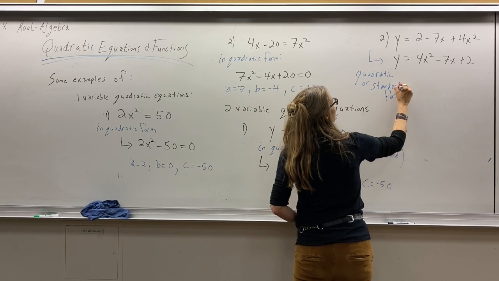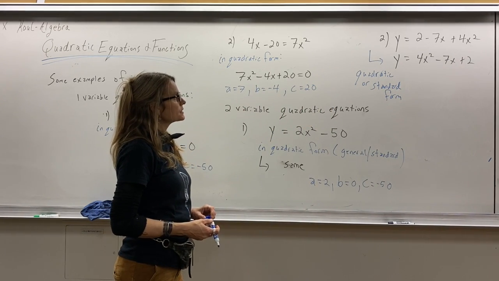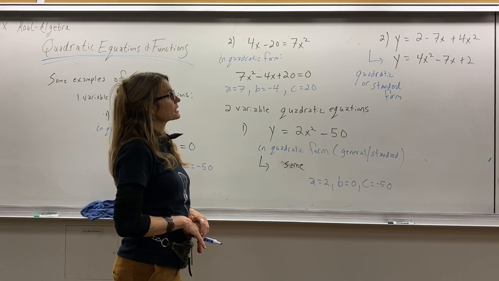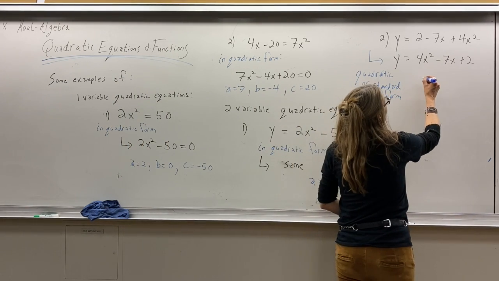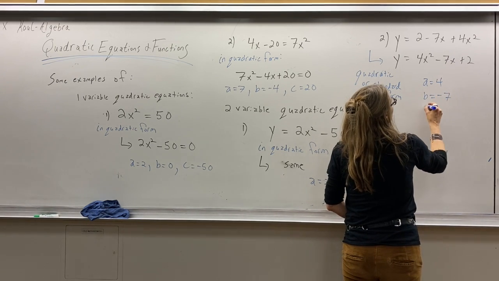Just be aware that these are interchangeable terms. Standard form is mostly the universal language that they use in textbooks and in the definitions. So in this case, a is equal to 4, b equals minus 7, and c equals 2.